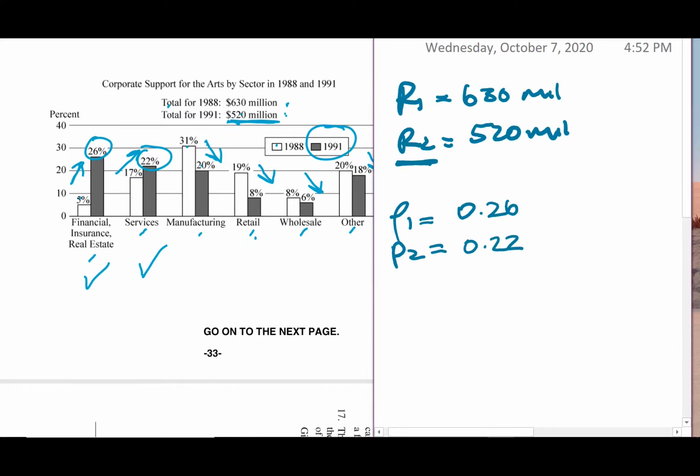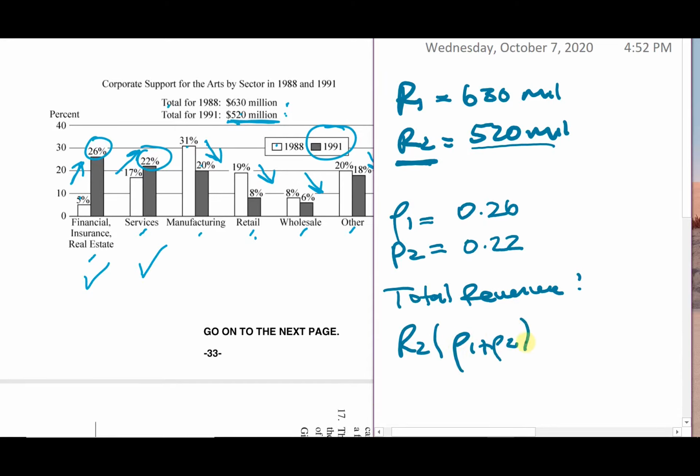So basically what we're doing is finding the total proportion to find the total revenue in 1991. The revenue is going to be equal to R2 times P1 plus P2, or this is just going to be 520 million times the total proportion, so that's 0.26 plus 0.22.